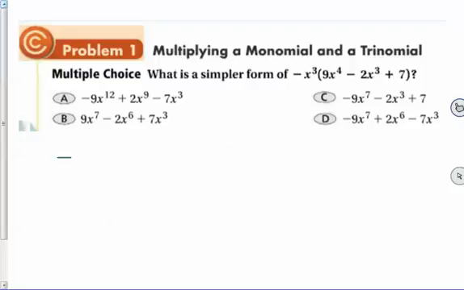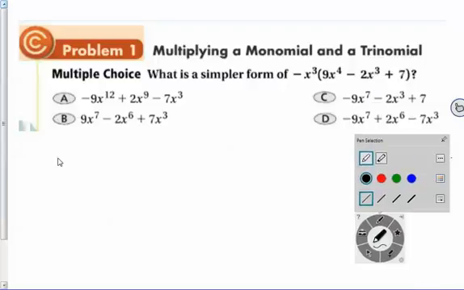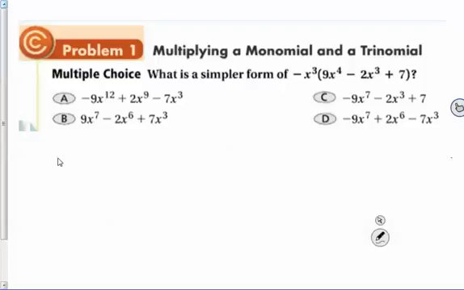So what I would suggest is, when you're going to do this, you're going to go ahead and distribute that negative x cubed. I'm going to go through with 9x to the fourth minus 2x cubed plus 7. What I'm going to do is distribute.